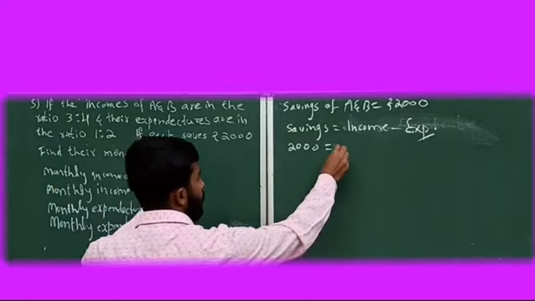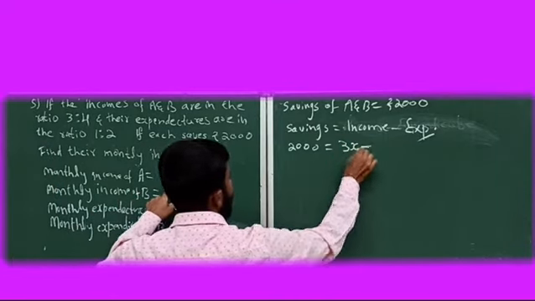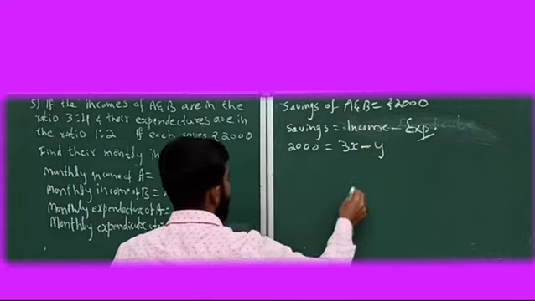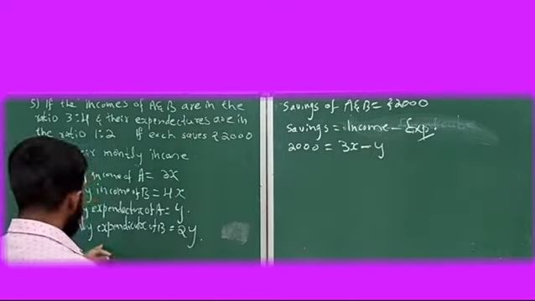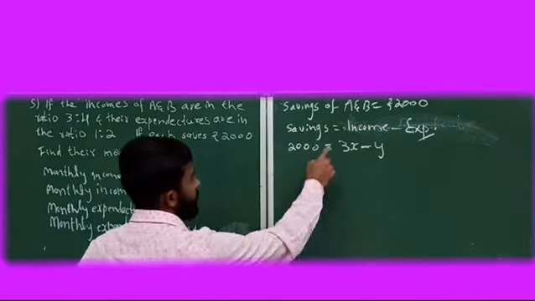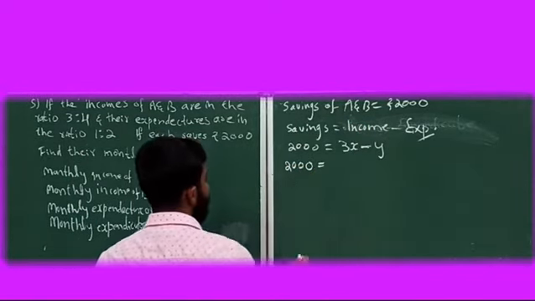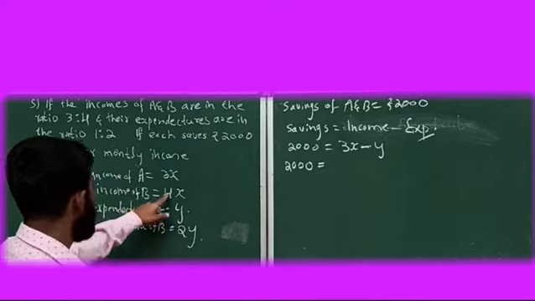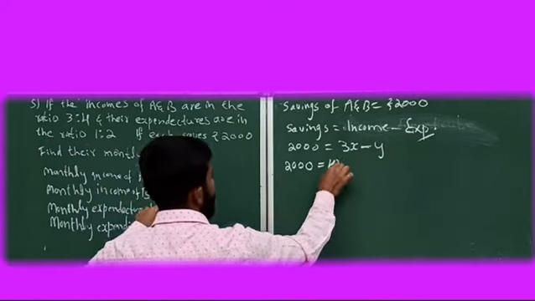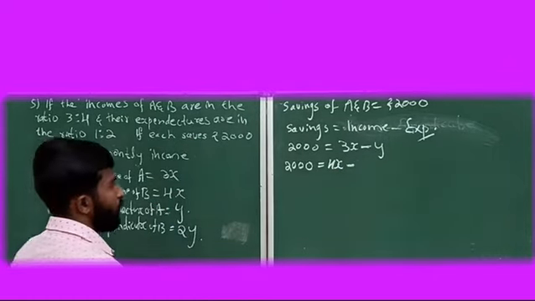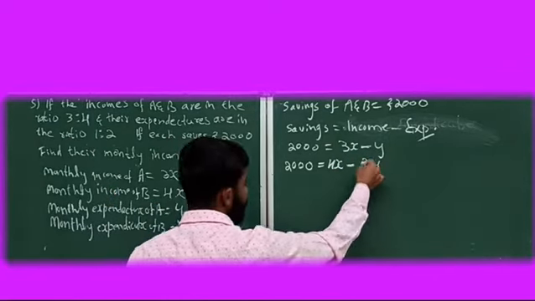Income of A is equal to 3x minus, what's the expenditure of A? y. Okay. Now see, go to B. What's the savings of B? Savings of B again is equal to 2000 is equal to, what's the income of B? It's 4x minus, what's the expenditure of B? Expenditure of B is equal to 2y.